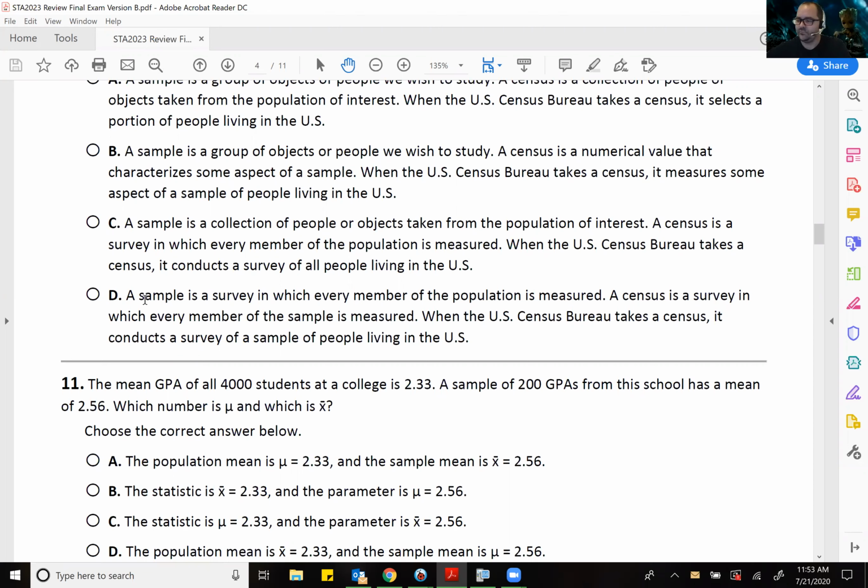When the U.S. Census Bureau takes a census, it conducts a survey of all people living in the U.S.